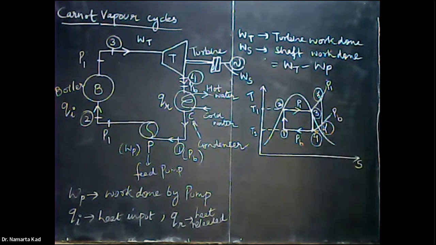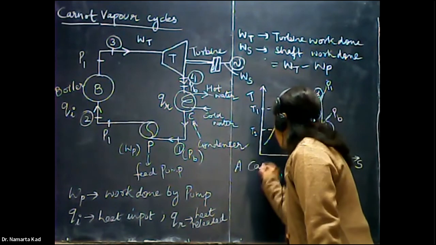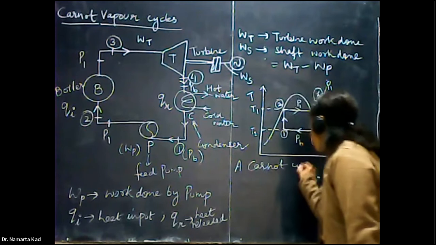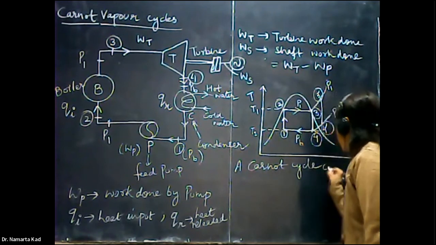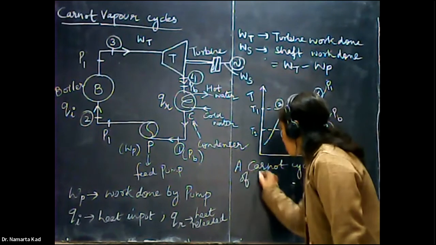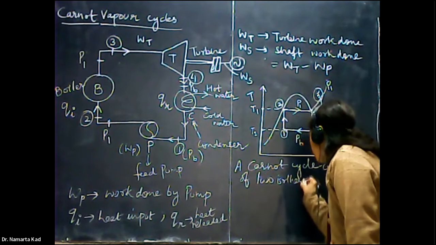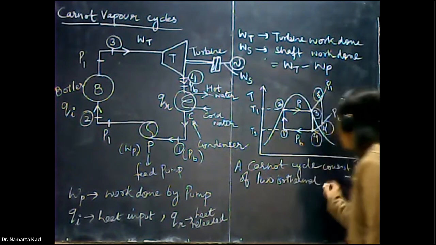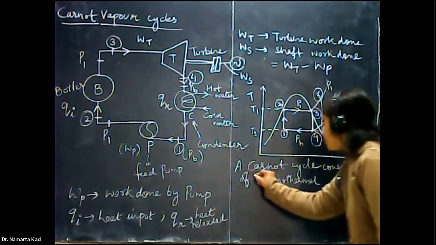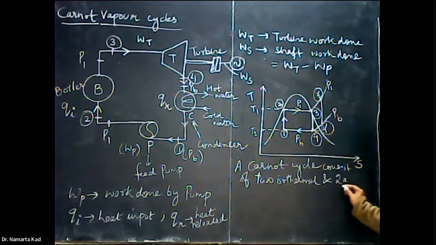Okay, so starting its working process. So what is there in the cycle? Firstly, a Carnot cycle consists of two isothermal processes and two adiabatic processes.